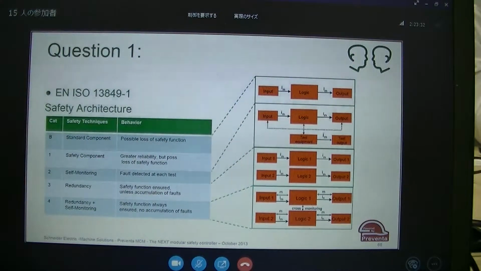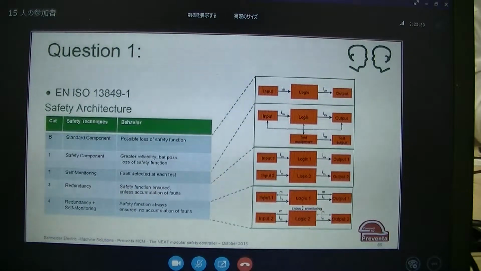So theoretically we can have 1, 2, 3, 4, 5, 6, 7 different individual failures, and we can detect all 7. Our diagnostic coverage will be 99.99%.